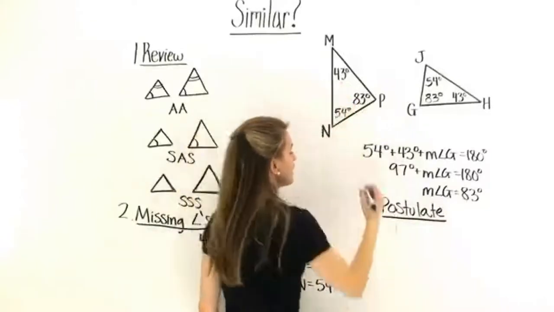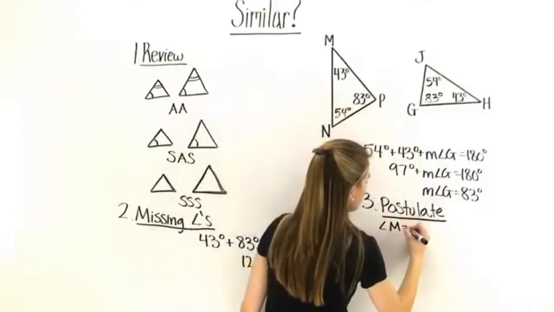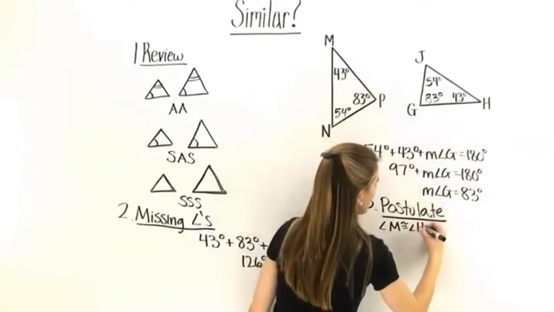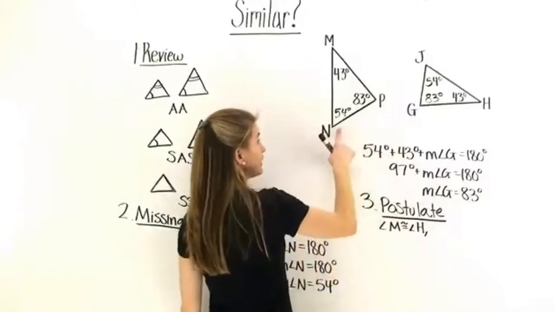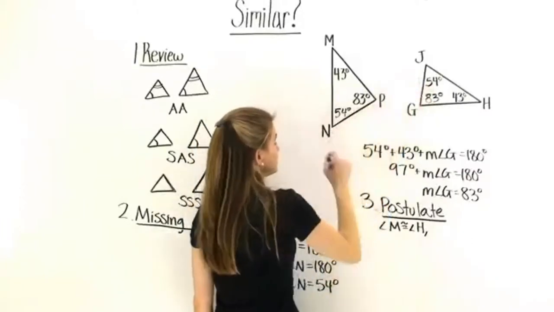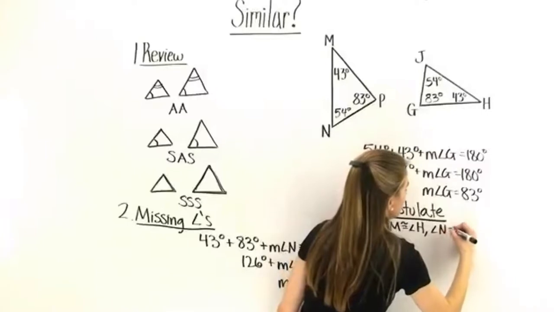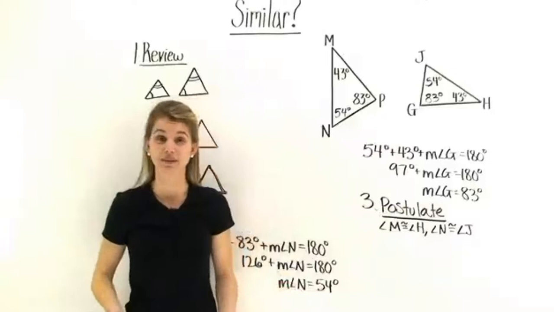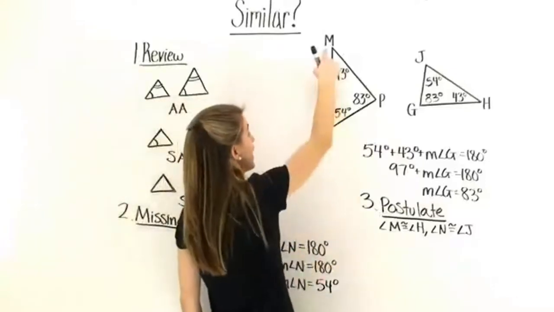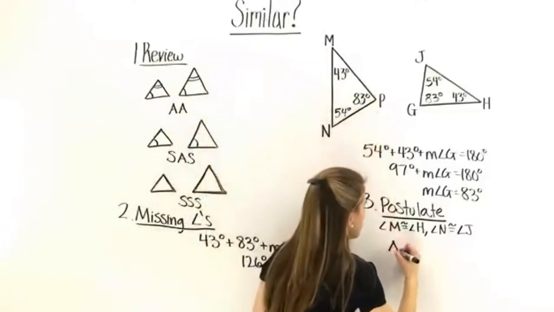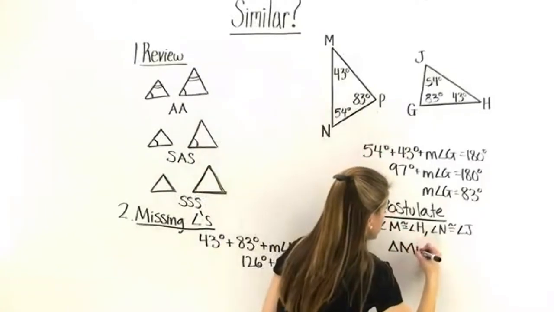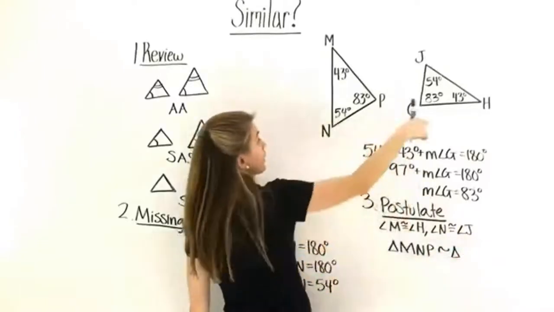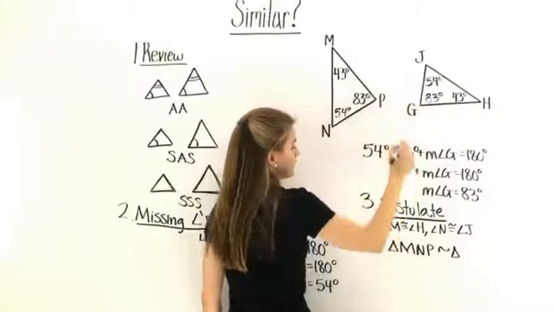We know the measure of angle M is equal to the measure of angle H. So it means angle M is congruent to angle H. And we know the measure of angle N is equal to the measure of angle J. So angle N is congruent to angle J. So by the angle-angle triangle similarity postulate, we can say that triangle MNP is similar to triangle HJG.